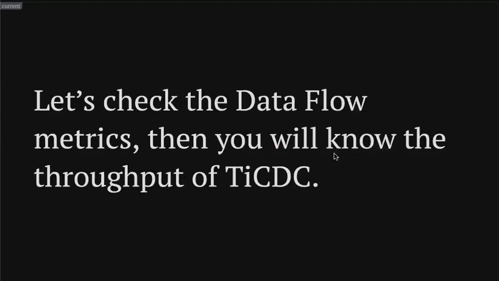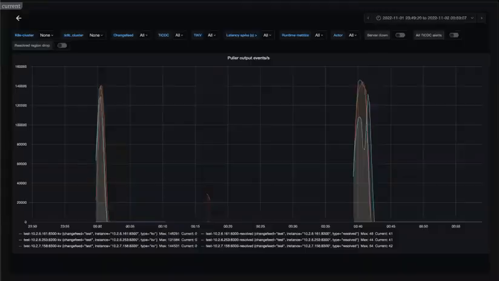Now you know the data flow of TiCDC. It's the core of TiCDC. So let's check the data flow metrics, because maybe you got some questions or some on-call from users or customers. If you check the data flow metrics, you will know the throughput of TiCDC. As I said before, the throughput is a very important performance indicator to measure your whole system.